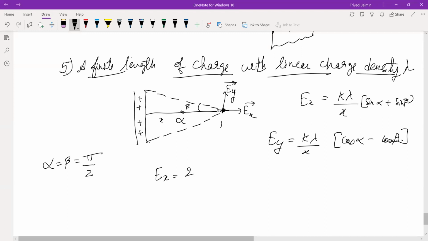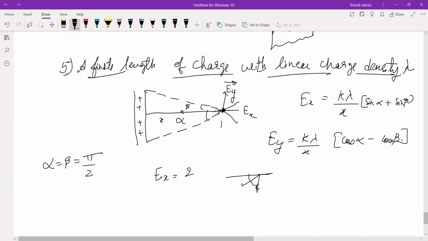It should be Ex here and this should be Ey. If I take this triangle and convert it into vertical form, beta and alpha, again it will be the cos component here, again in the x direction only. Yes, it is right.